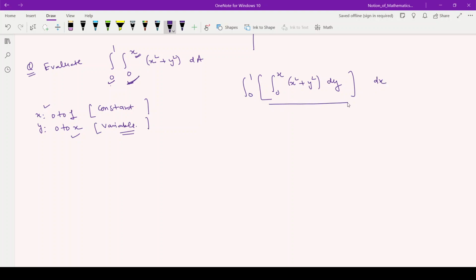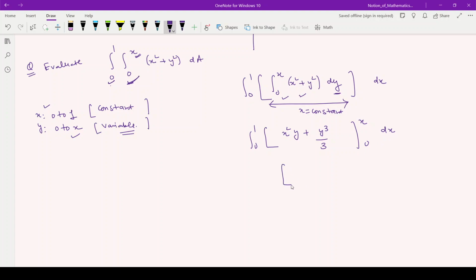And with respect to y, inside this bracket x will be treated like a constant term. So now I am going to integrate this term with respect to y. Since x is constant inside this bracket, we will get x square y plus y cube by 3, and apply this limit 0 to x, and the rest is the same, 0 to 1 dx.